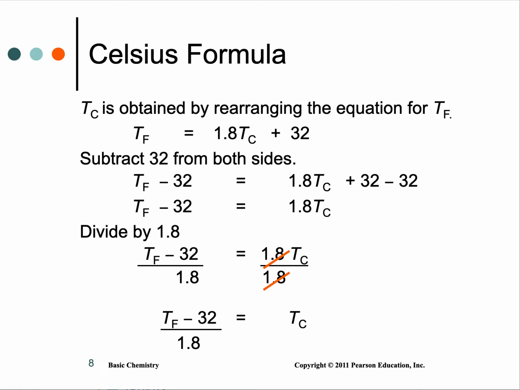So 100 has to go into 180. So you can see that they're different sizes. So you have to allow for the different sizes, and then you have to compensate for where freezing is. So in Celsius it's at 0, but in Fahrenheit it's at 32. So you have 2 things to compensate for: how big that degree is between Fahrenheit and Celsius, and where freezing starts.